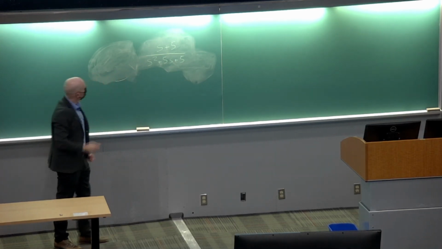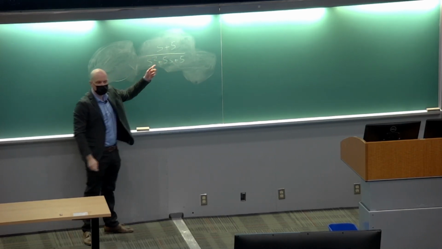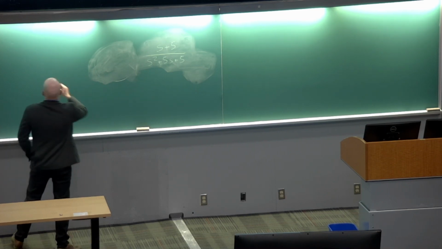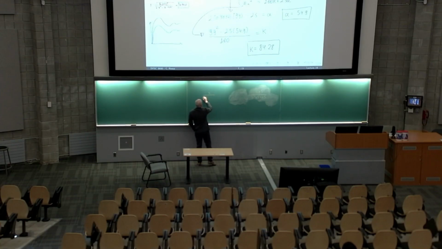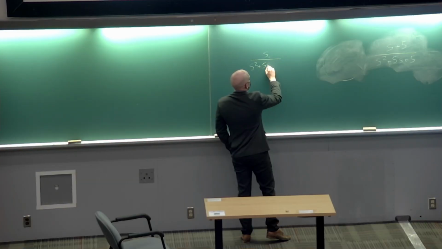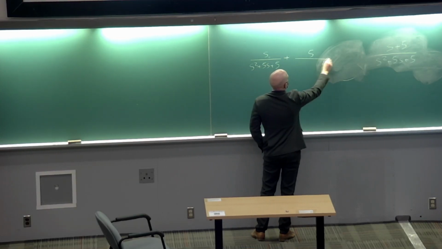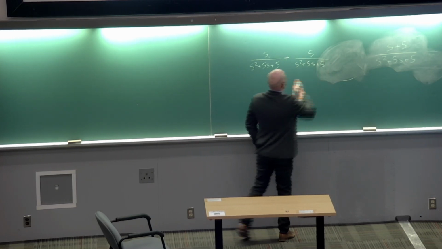Now this is a bit different because we have a 0 at minus 5. And how do we deal with that? Well, we can split this into 2 functions. We can have s divided by s squared plus 5s plus 5 plus 5 divided by s squared plus 5s plus 5.